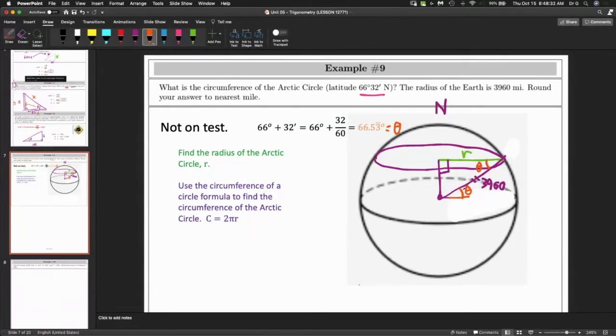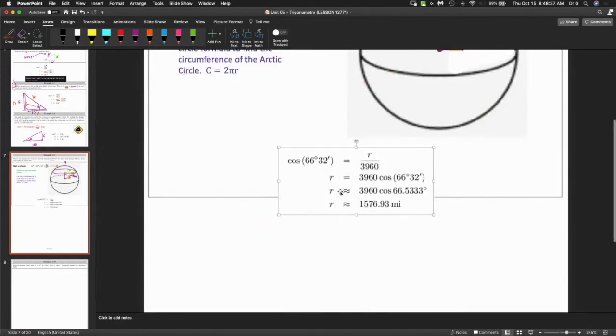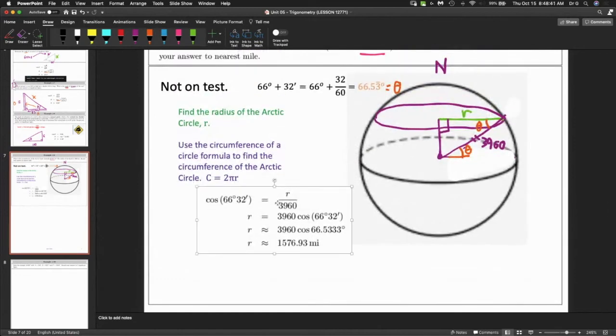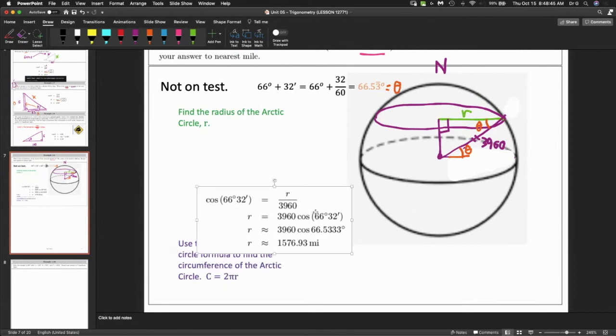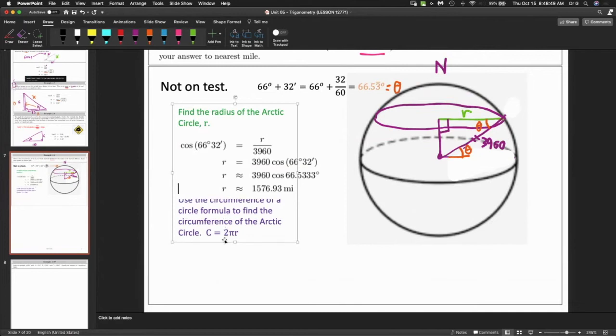So now I can just drop the screenshot of my algebra. So there I got R. And now you can use the circumference formula to calculate the circumference of the Arctic Circle.